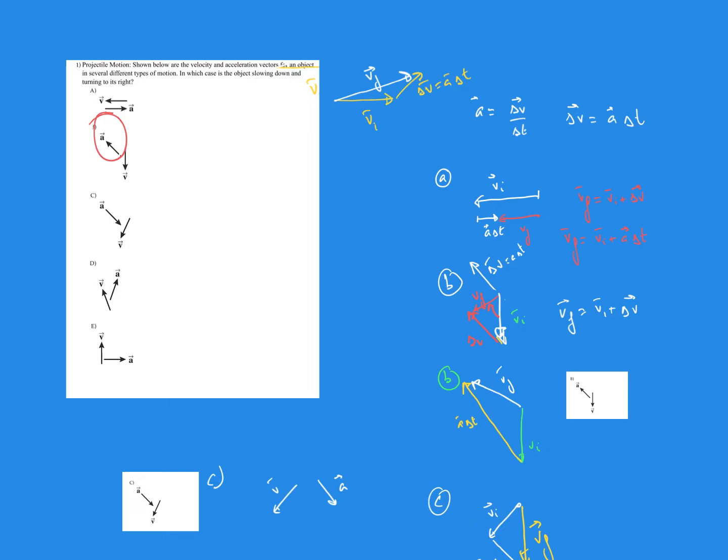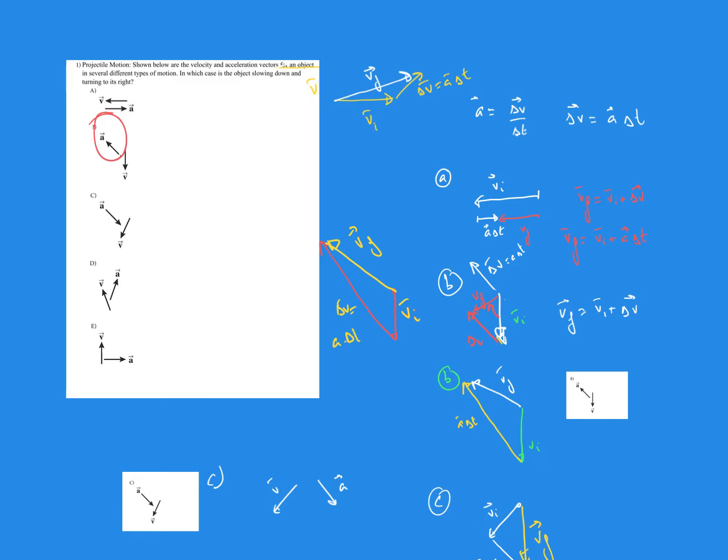Well, I'm not sure, because if V initial is like this, and the change in the velocity A by delta t is like this, V final will be like this. V initial, and the change in V equal A by delta t.